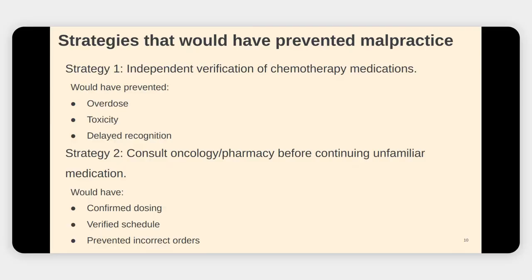Second, consultation with specialists should occur whenever providers encounter medications outside their area of expertise. In this case, consultation with the patient's oncologist or oncology pharmacist would likely have identified the incorrect medication order before harm occurred. Both strategies represent proactive risk management and emphasize patient safety through collaboration.